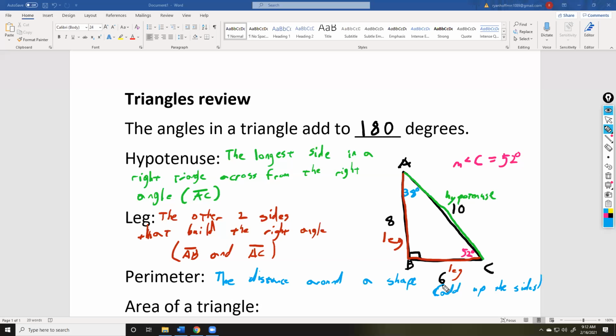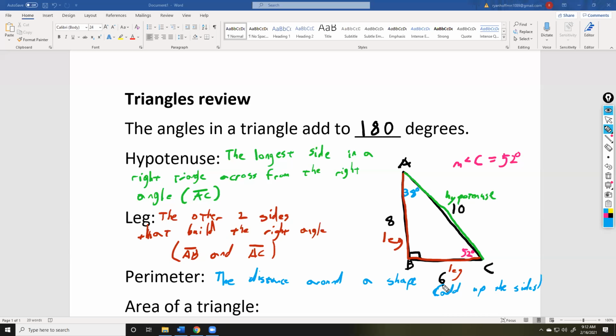So a common kind of application or example of this is, I want to build a fence around or some kind of border around my yard, or I want to have a certain amount of space in my room.